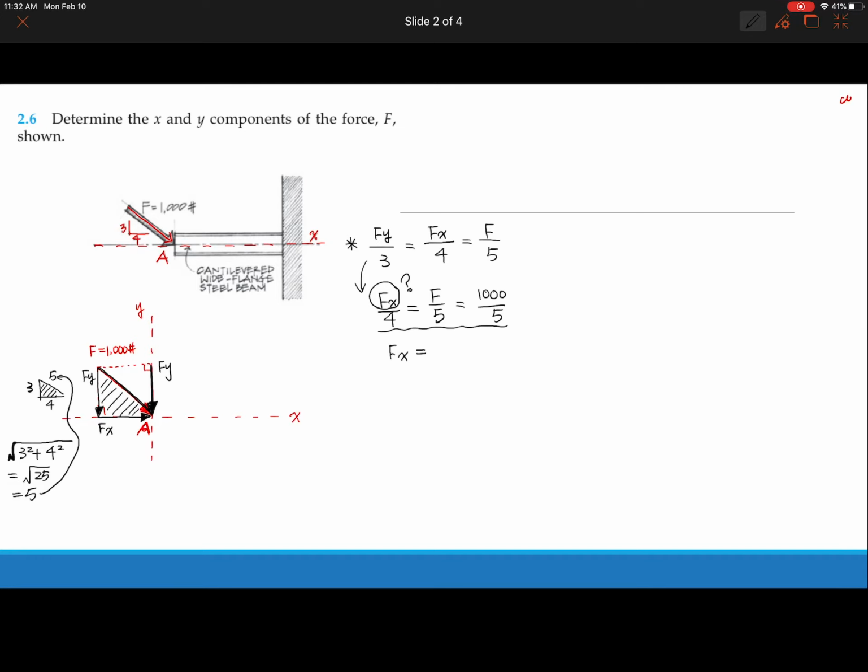That's your turn to solve, okay? Another equation including Fy is Fy over 3 equals F over 5 equals 1000 over 5. You can solve for Fy because Fy is the only unknown variable in this equation. So that's the hint for the first problem.